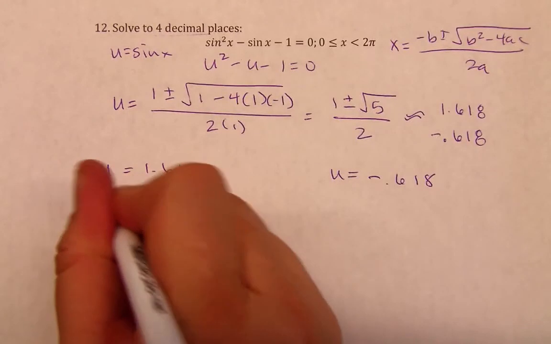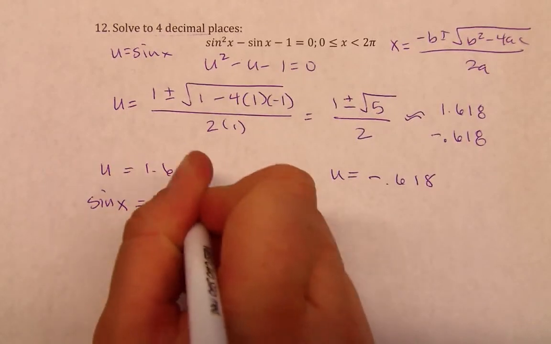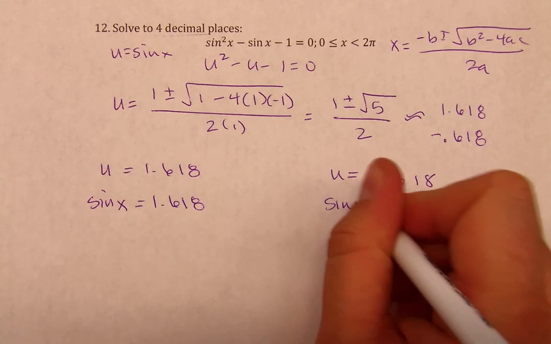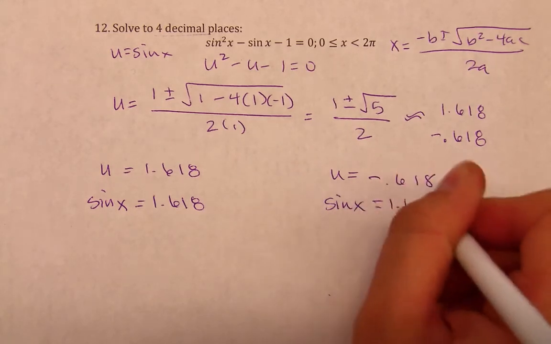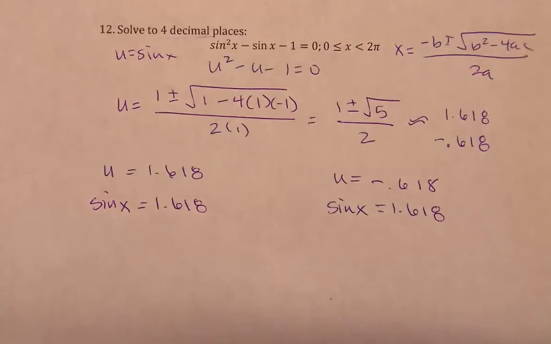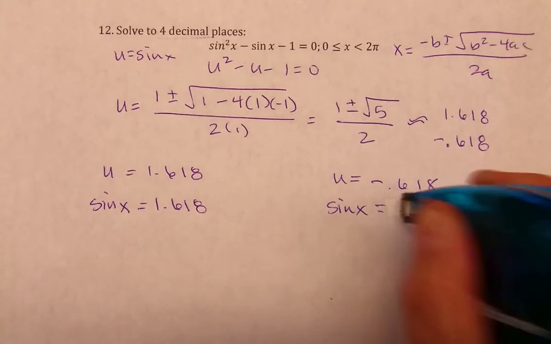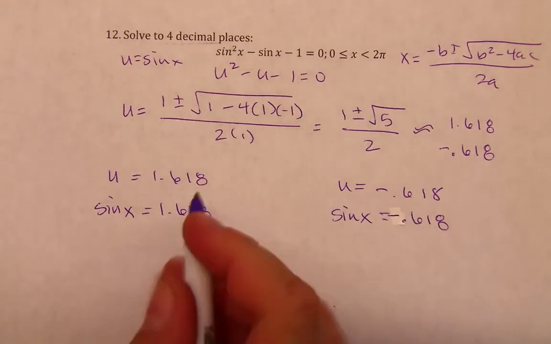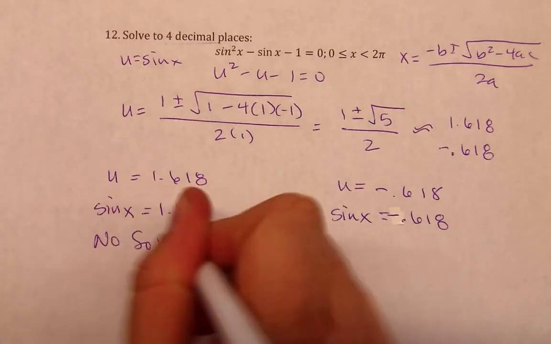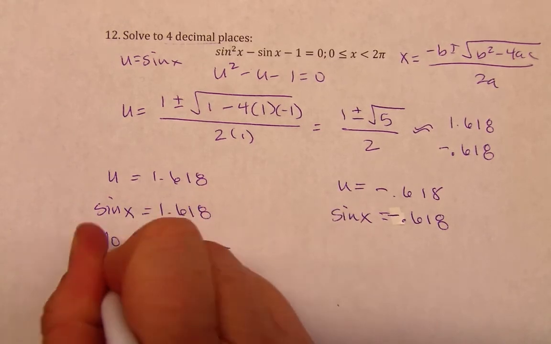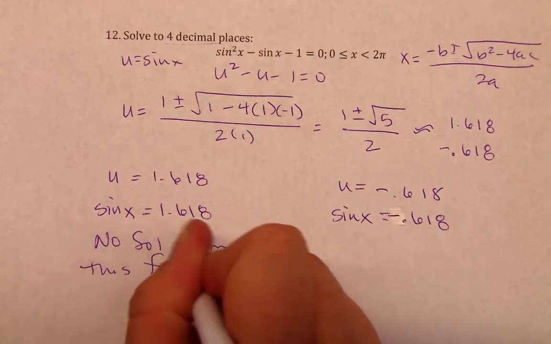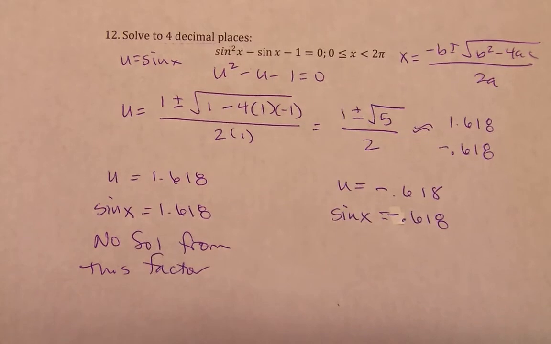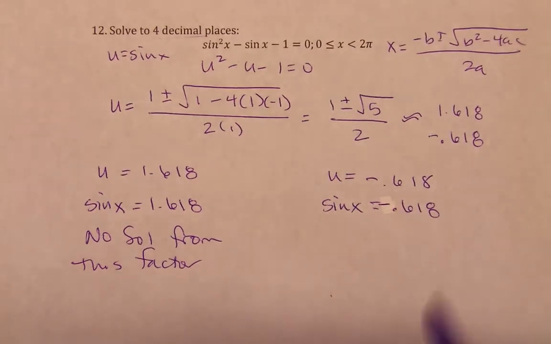So sine x equals 1.618 and sine x equals -0.618. And we know that there's no solutions from this factor because sine's never bigger than 1. But we can get solutions from this one.